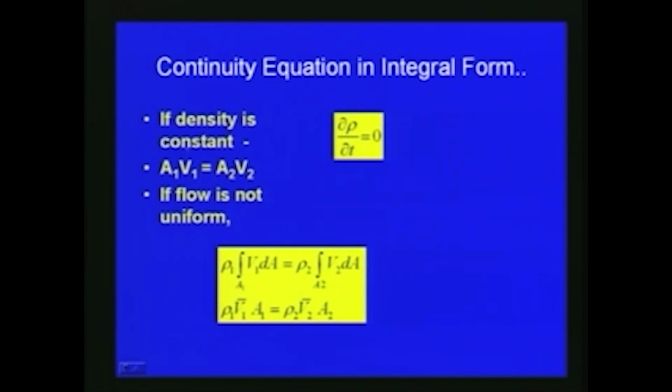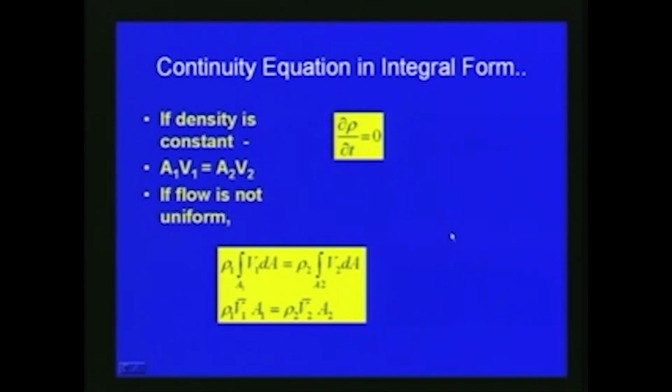So, if the density is constant, we can write A1 V1 is equal to A2 V2 for the system which we have considered. If the flow is not uniform, then we can write rho 1 integral over A1 of V1 dA is equal to rho 2 integral over A2 of V2 dA, or for non-uniform flow we can write rho 1 V1 bar A1 is equal to rho 2 V2 bar A2.